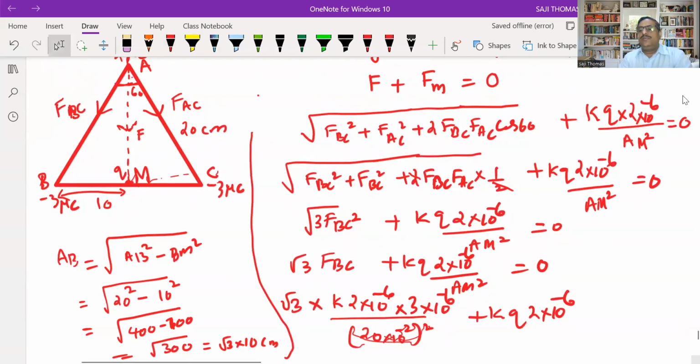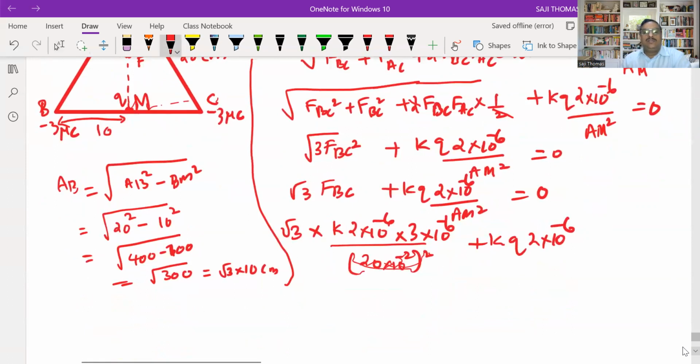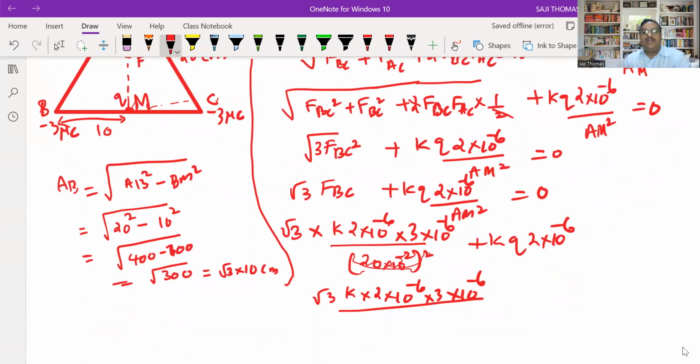Now you have to put the value in the equation. What are you getting? Root 3 into K into 2 into 10 raised to minus 6 into 3 into 10 raised to minus 6 by 400 into 10 raised to minus 4, plus K Q 2 into 10 raised to minus 6 by AM square. What was AM square?